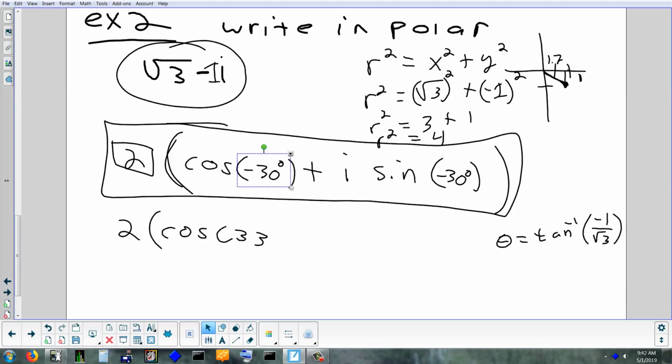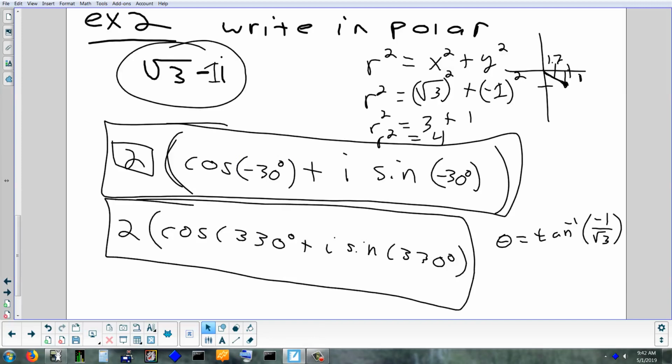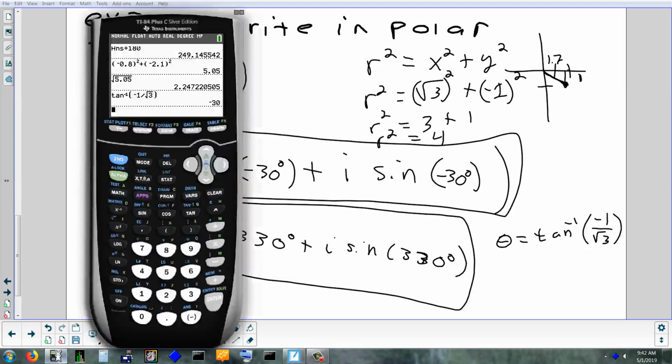So this is also a perfectly acceptable answer. 330 plus i sine 330. Okay, which one is more right? Neither one. They're both right. It's just one time you did it with a positive angle, one time you did it with a negative angle. And we've talked about this in polar. There are many ways to write the same answer. Now, that's where you stop.